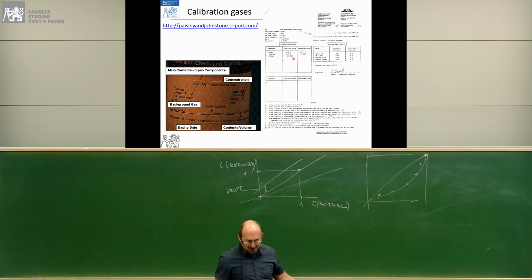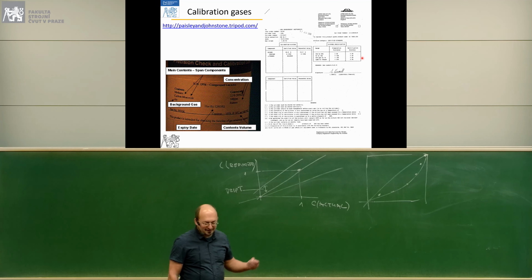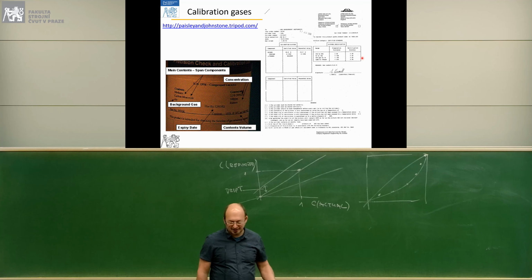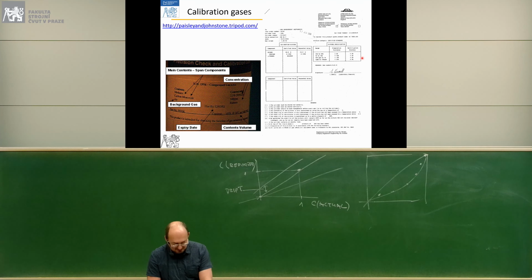But the laboratory that prepared it guarantees that it's 985. Very seldom can you prepare it exactly. So there is preparation tolerance, but what concerns you the most is the certification accuracy. The better the certification accuracy, the more expensive is the calibration gas, but also the more accurate is your calibration.